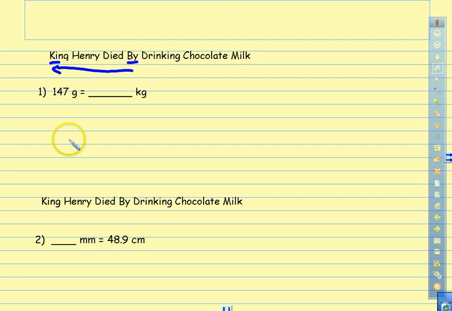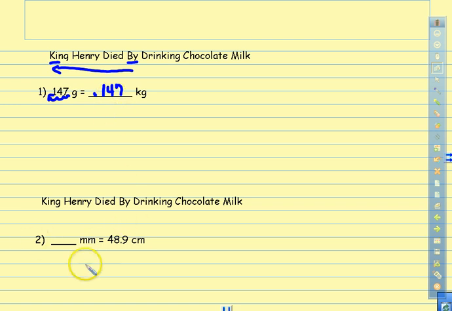Well, where is my decimal point for 147? It's a whole number, so my decimal starts here, and I'm moving to the left 1, 2, 3 places. So my answer is 147 thousandths of a kilogram. It takes less kilograms to become a gram. So that's why you have a lesser amount. In fact, it's less by 1,000 times smaller.